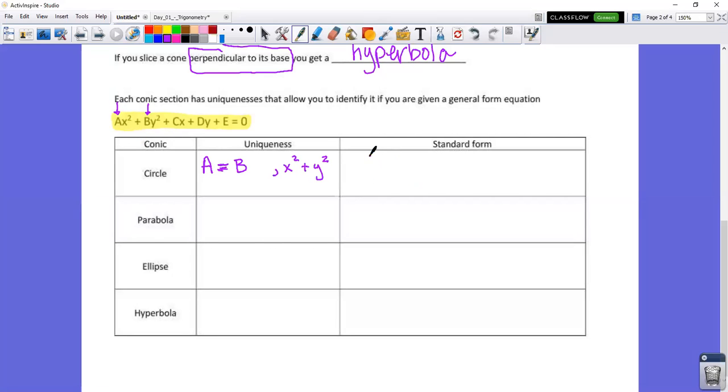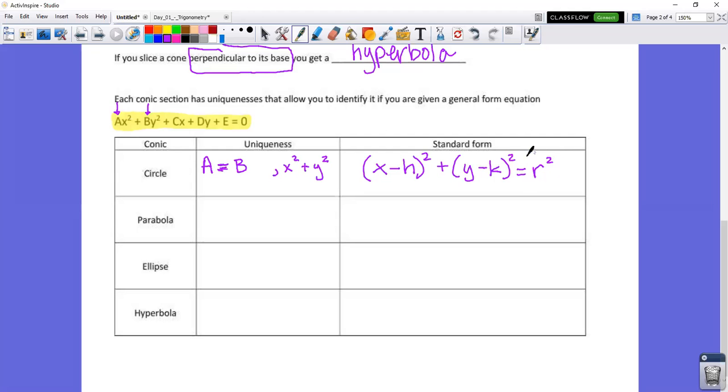But then standard form is going to look like this. This is our standard form for a circle. It has parentheses around your x terms with a squared value, and parentheses around your y terms with a squared value, equals the radius squared.